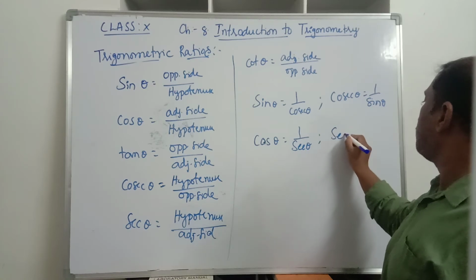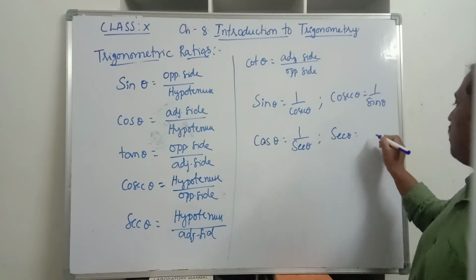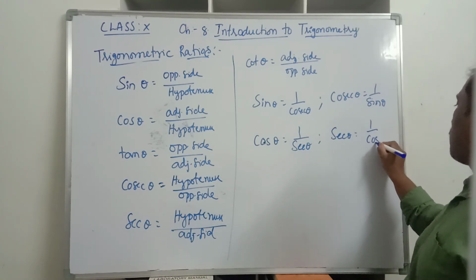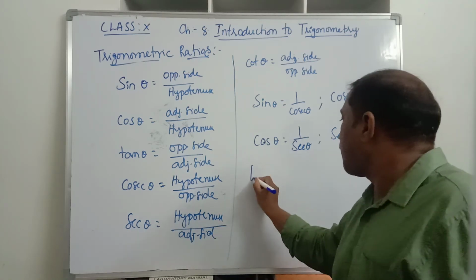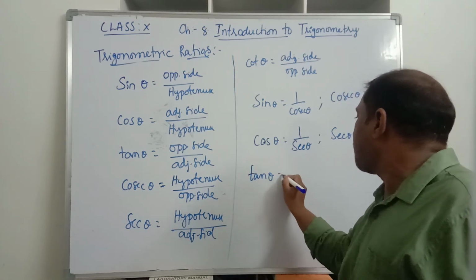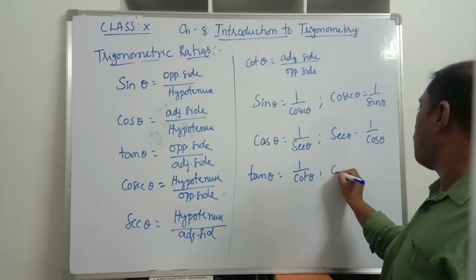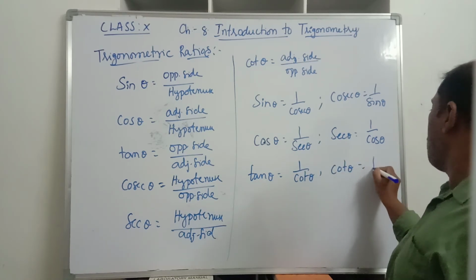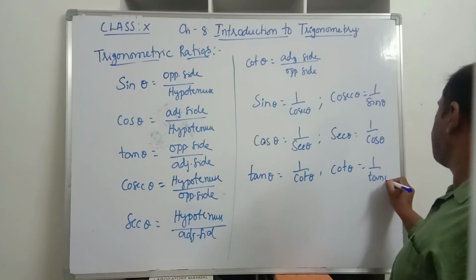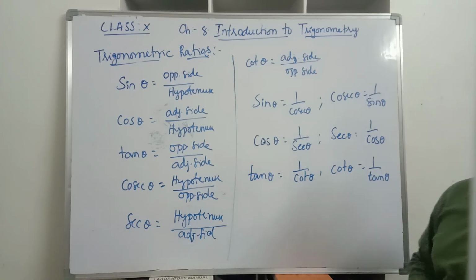Secant theta is the reciprocal of cos theta, that is 1 by cos theta. And tan theta is equal to 1 by cot theta, and cot theta is equal to 1 by tan theta. So these are the reciprocal ratios.